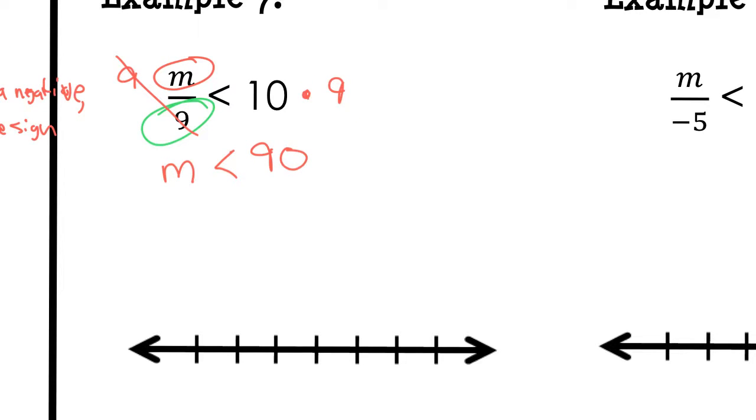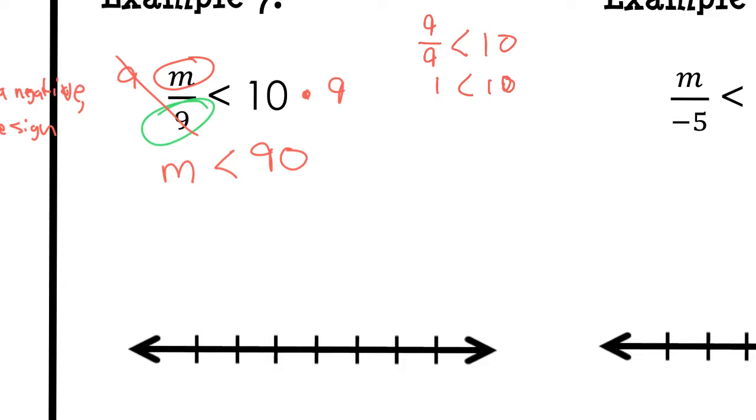Maybe we should just check that really quick. To make it easy, let's just do 9. Is 9 divided by 9 less than 10? Well, that's 1. 1 is less than 10, so I know I'm in the right vicinity. And it should be less than 90.